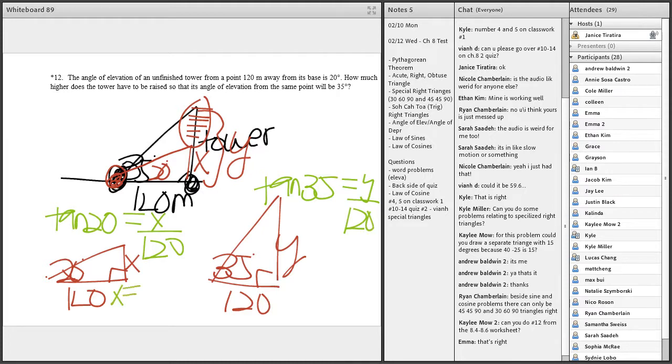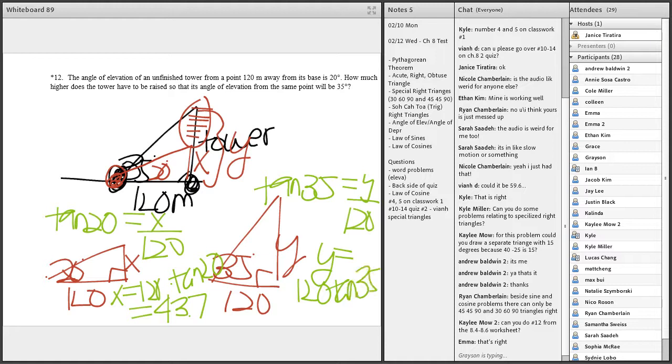Calc ready is 120 times tangent 20. So that answer is, oh man, that's weird. Oh, I put the numbers in wrong. Is 43.7. And then for y, the taller one, that's 120 times tangent 35.